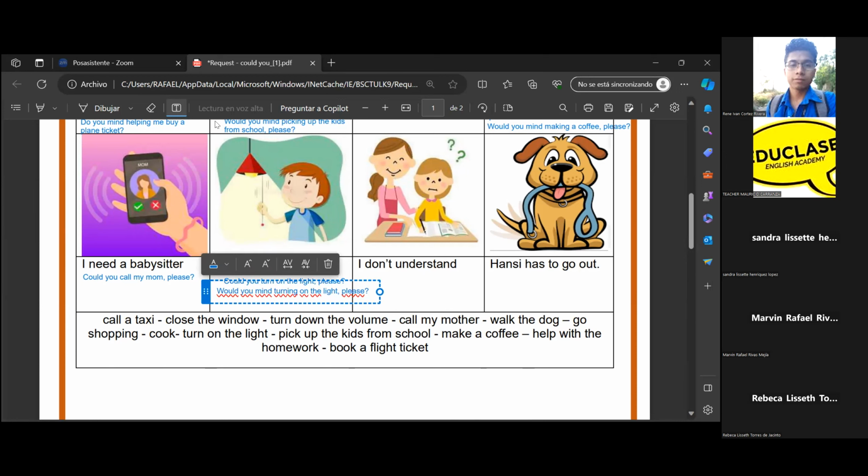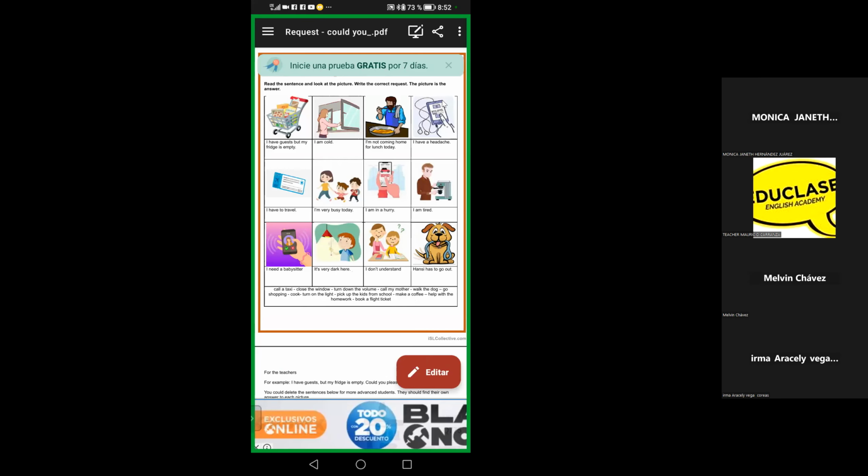Hansi arrived. Alright. Hansi arrived. Finish.